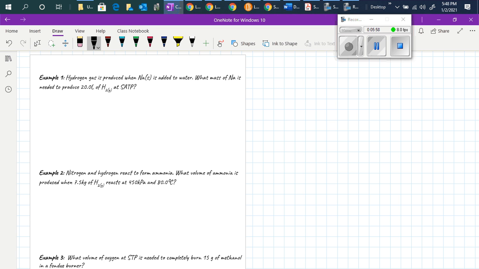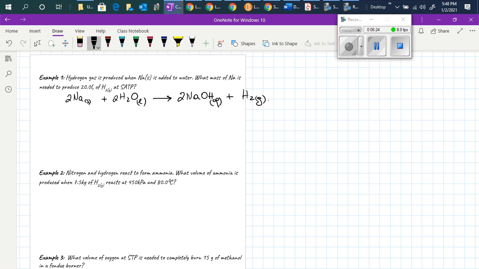So we'll start with a balanced equation, because every time that you're dealing with stoich, you will start with a balanced equation. So sodium and water will give us 2NaOH aqueous solution plus hydrogen gas.